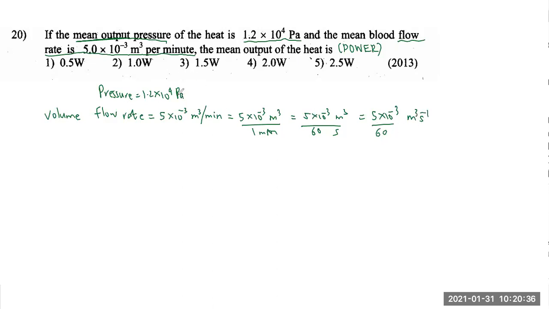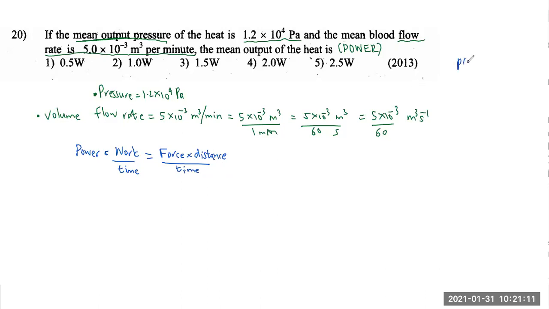But since you are in grade 12, you haven't studied an equation connecting pressure and volume flow rate. But you know the equation for work. So let me derive an equation very quickly. Now we have learned power is equal to work over time. You have studied that in O-level. And work is force into distance, divided by time. Now, when you see force, you should be able to find a relationship between force and pressure.